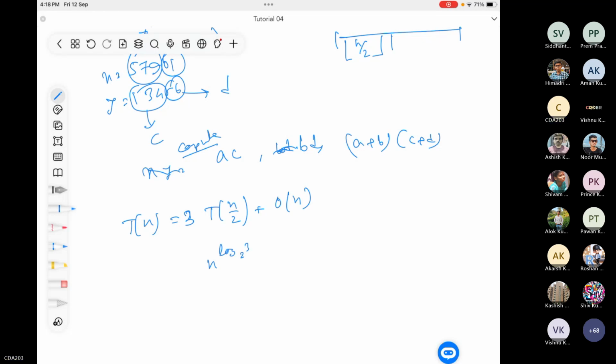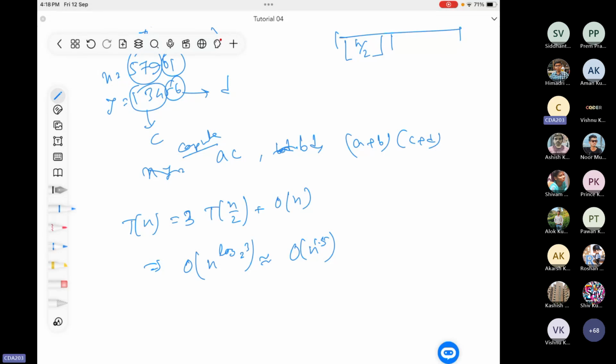Which is something like n to the power 1.5, if I'm not wrong, in terms of value. So this is a little bit of improvement over our order n square running time.